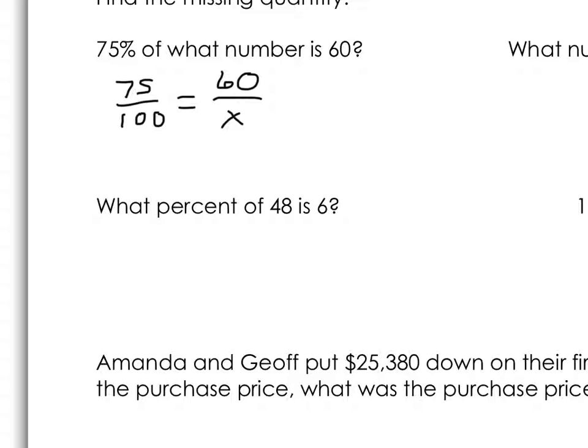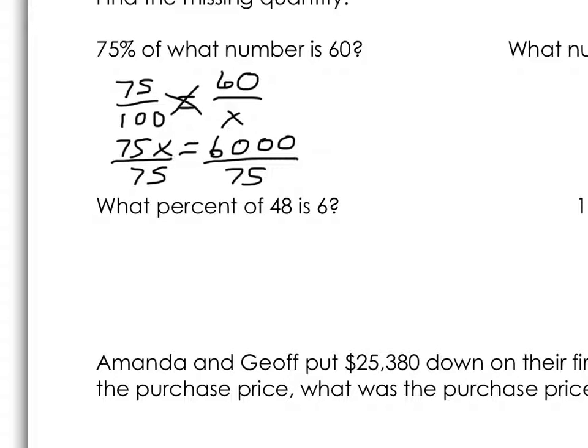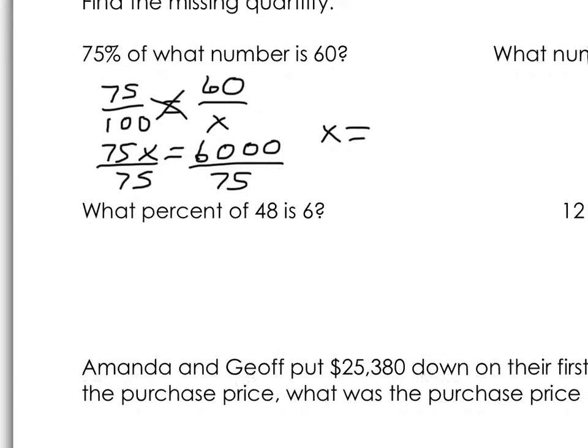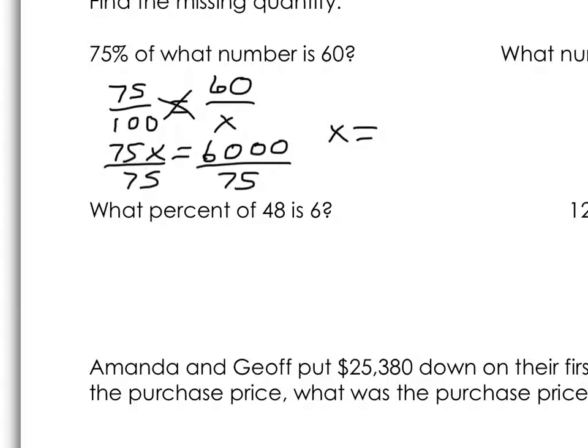So now we cross multiply. So 75x equals 6,000. Divide by 75. And we get x equals 80. X is 80.